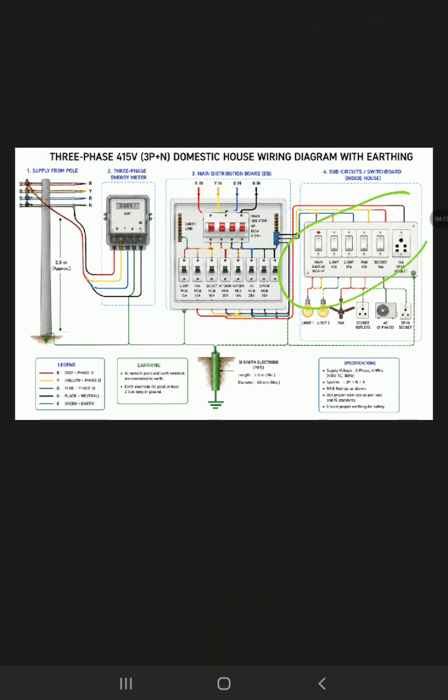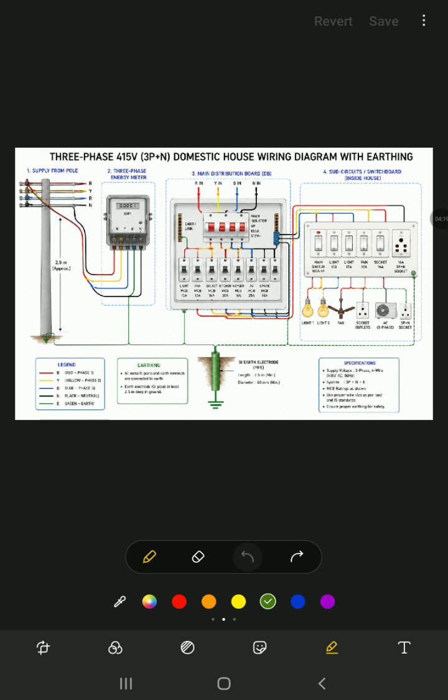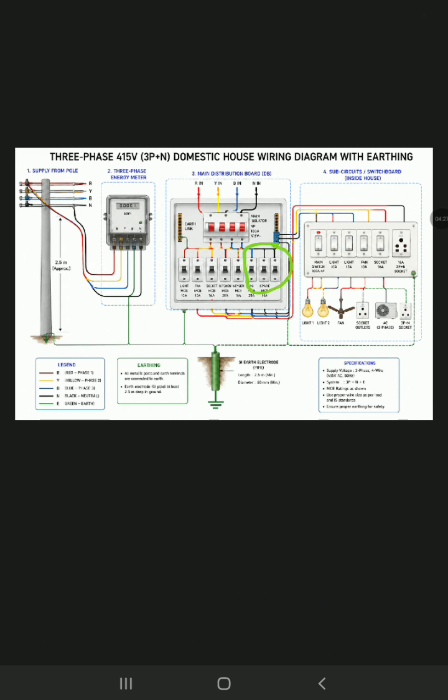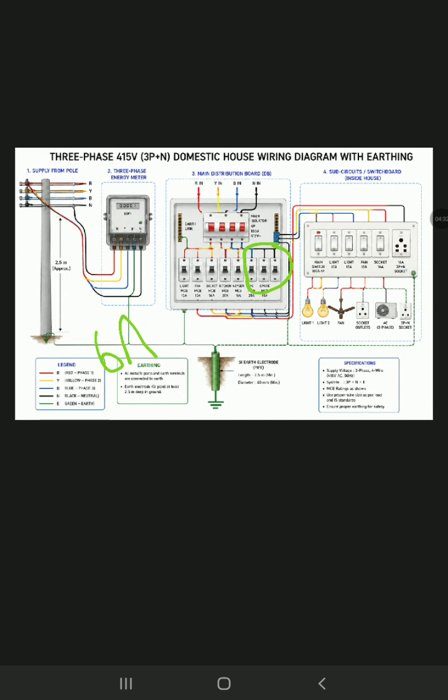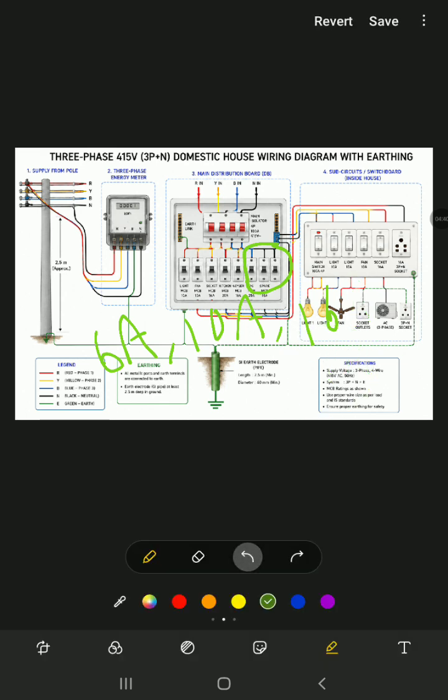In this case we have only a few rooms, so based on the switch, it turns on. These MCBs not only serve different rooms, they are also based on ampere rating, such as 6 ampere, 10 ampere, 16 ampere, 25 ampere. This is because of the rating of the appliances we use in our home.